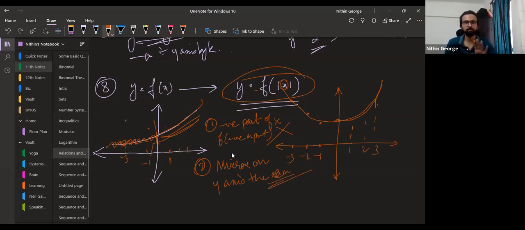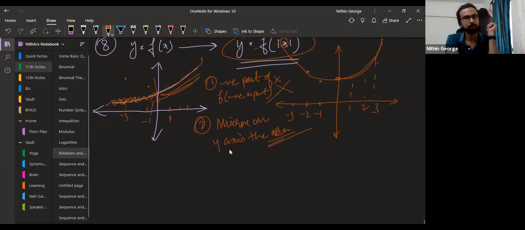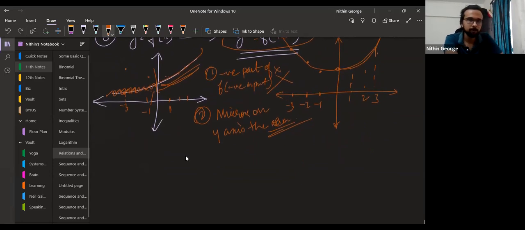Forgive the handwriting, but just write it down. Mirror on the y-axis the f of mod x, like what are the positive values there as inputs. The graph where x is greater than or equal to 0. 0 doesn't matter.